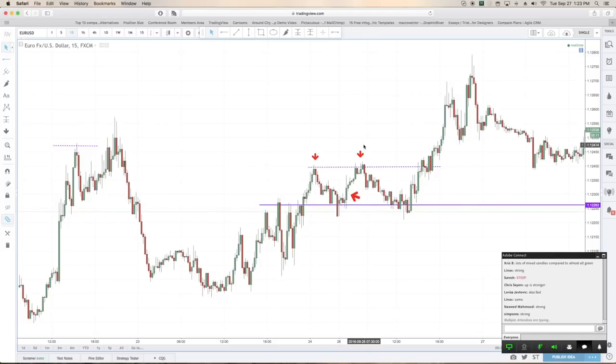But now answer this question. If it's also strong, why did it not break this resistance? That means someone up there is knocking it down. Not enough force. There's still sellers up there, still waiting to hit the market back down.